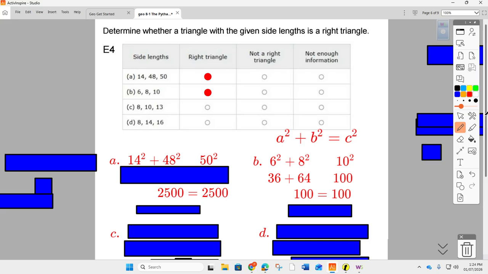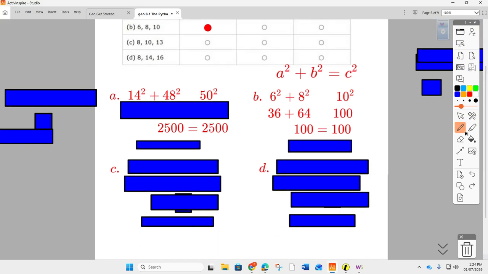All right. So what am I going to plug in for C to determine if this triangle would be a right triangle? What do you think? Nisha? What would I plug in?